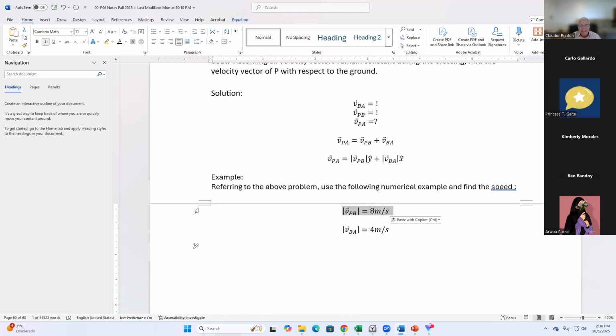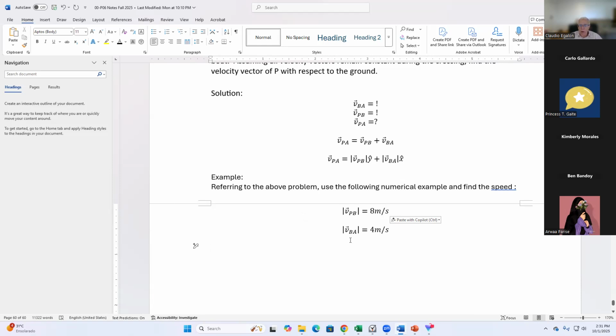That will be the speed of the boat with respect to the ground, but it also will be the speed of the boat with respect to the calm water. That's what this speed is all about: the speed of the boat with respect to water that's not streaming. That's how you measure that in practice. You put that in a lake, for instance.